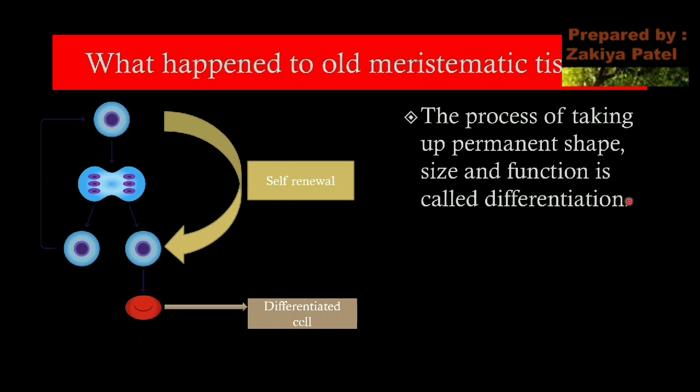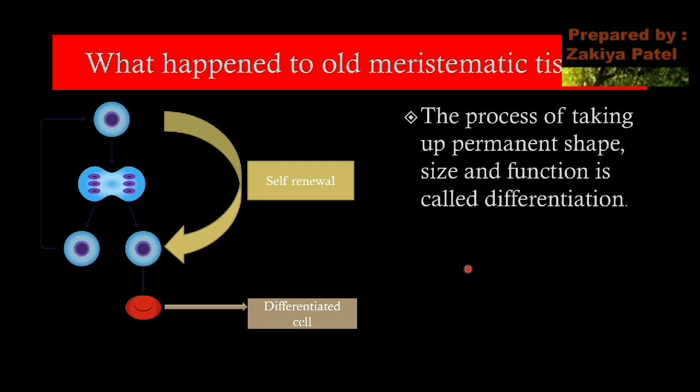As we had previously learned, plant tissue is mainly of two types: meristematic tissue and permanent tissue. So actually the permanent tissue is made from meristematic tissue only. Remember, when meristematic cells become differentiated cells, at that time the cells are converted into permanent cells.